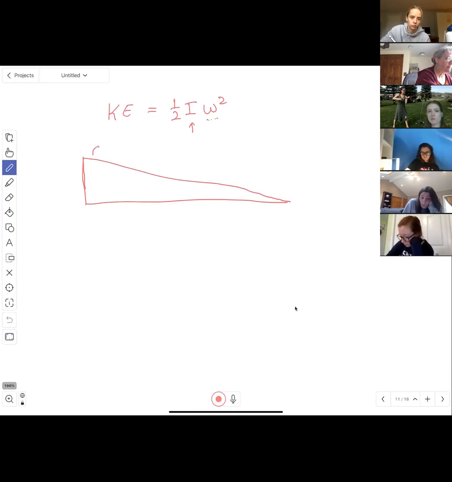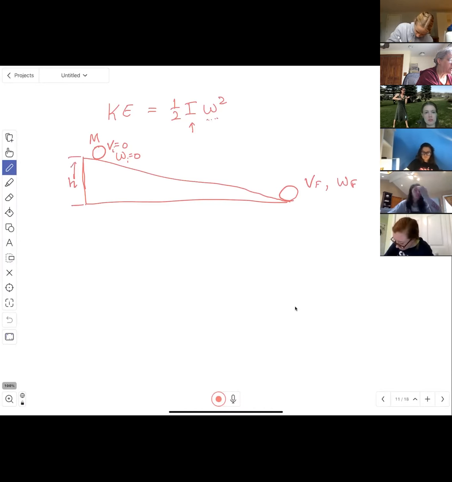So if we have something that starts out here with V equals 0 and omega equals 0 initially, and it has whatever mass it has. Then down at the bottom, it has a V final and an omega final that we don't know yet. It starts out at a height h, however high up that hill we start, so its U initial would be mgh, and I've got to say y equals 0 at the bottom.